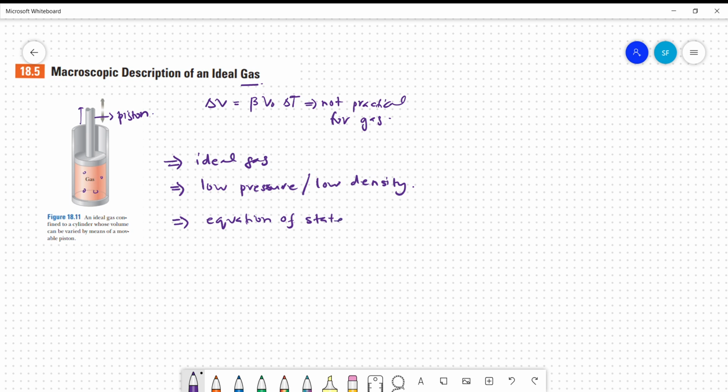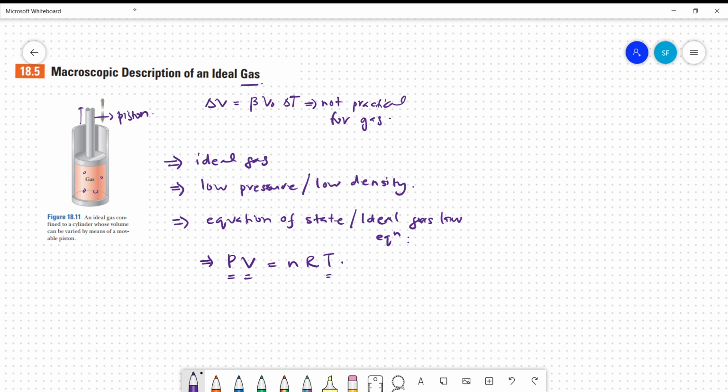It is given by, and I'm sure most of you know this equation, PV equals nRT. This equation gives us the relationship between pressure, volume, and temperature of an ideal gas.